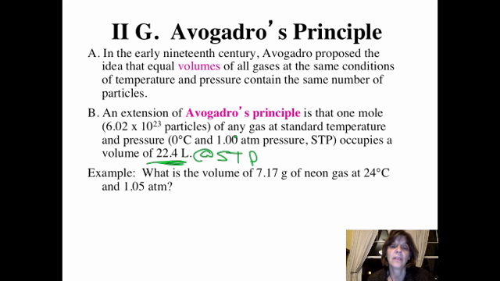Now Avogadro's principle gives us a volume at standard temperature and pressure for 1 mole of gas. So let's find out how many moles of gas we have for neon.